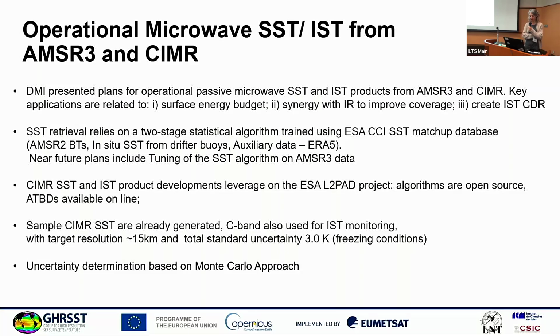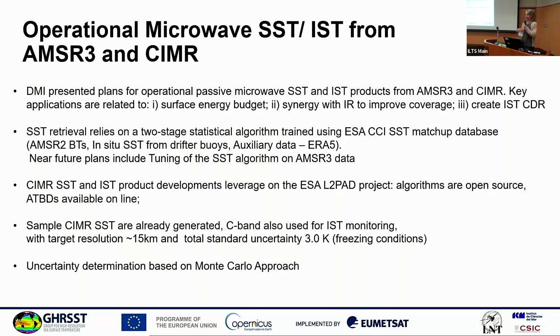And then the SIMR SST and IST product development is happening within the framework of the ISIL2 PAD project. The algorithms are open source, ATBDs available online. Sample SIMR SSTs are currently being generated, and the C-band is also used for IST monitoring with a target resolution of around 15 kilometers and total standard uncertainty of 3 degrees for freezing conditions.